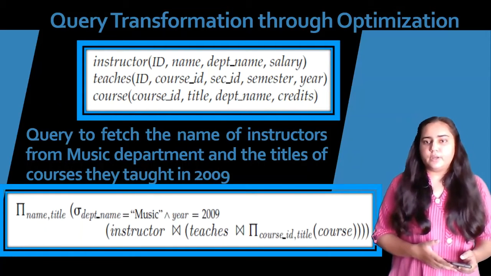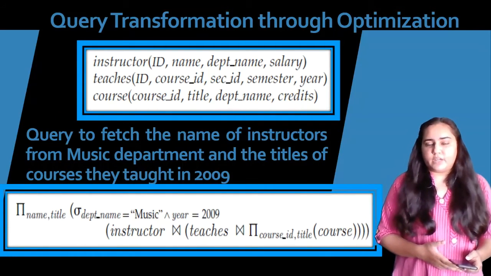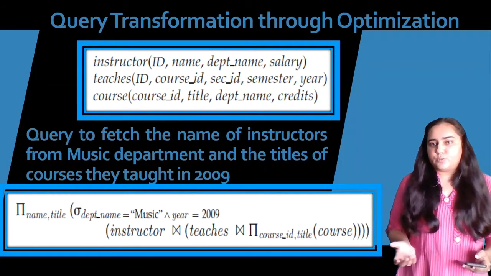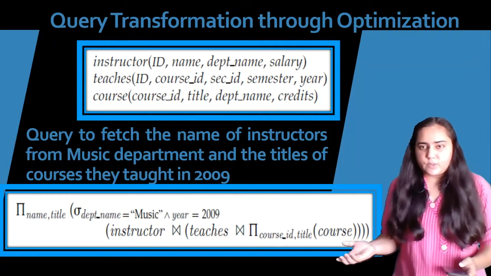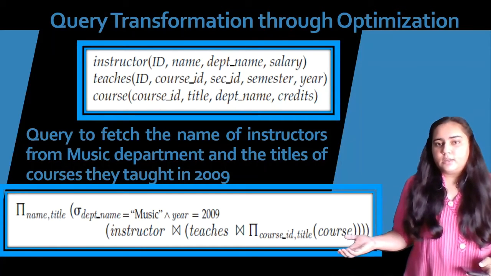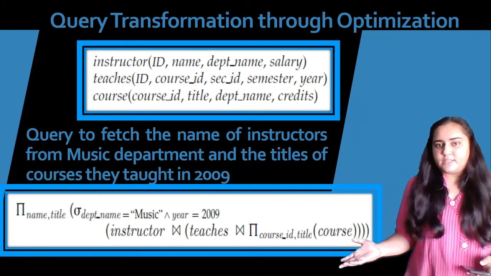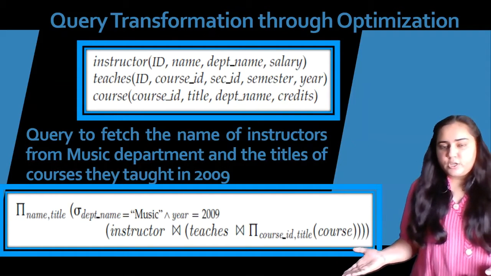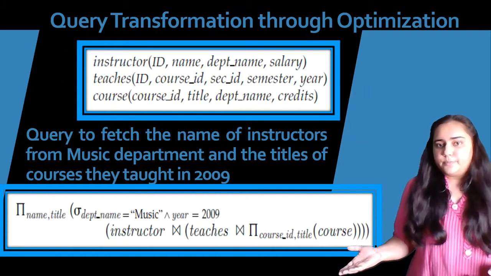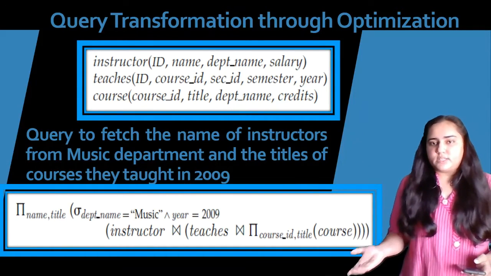You can see here in the query, we always start reading such queries from inside. So I have to read it from right here, from inside the brackets. The first inner bracket says that I'm going to fetch the course ID and title from course. Why am I fetching the title?